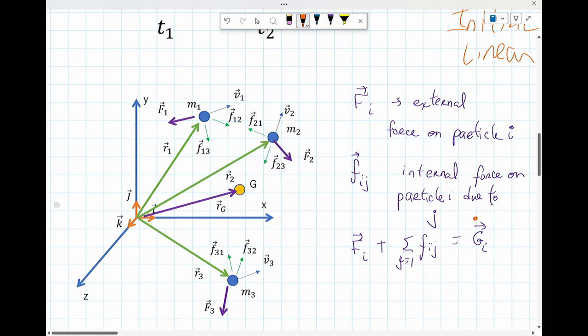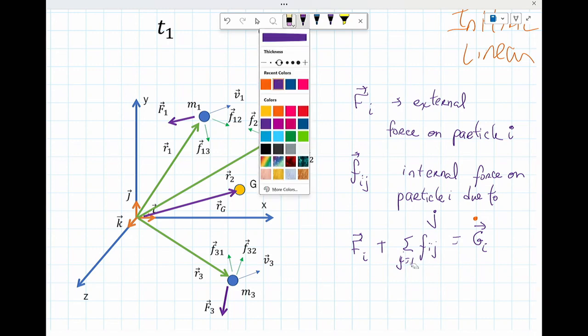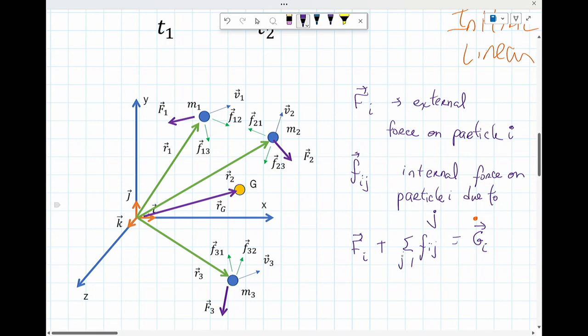If I look at what's happening to the individual particle i, I can write it as the sum of the internal forces plus the external forces acting on it.